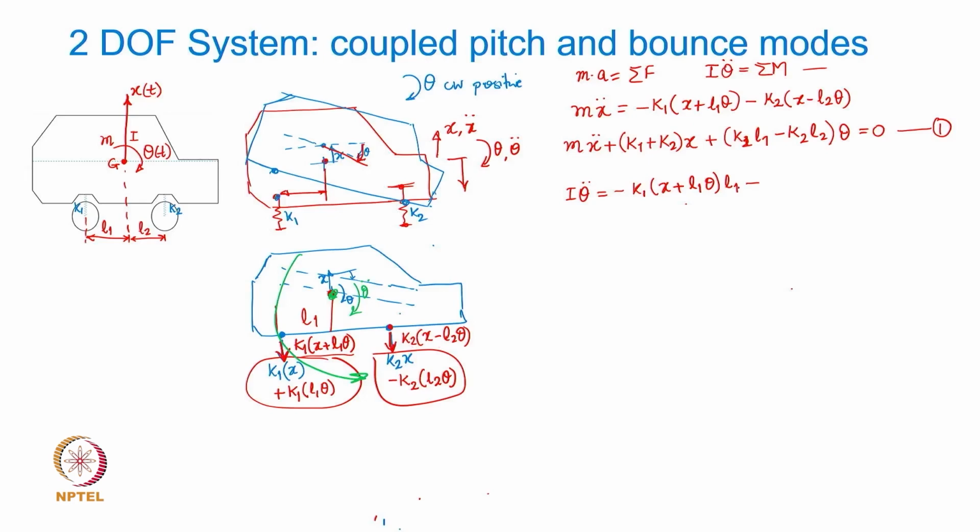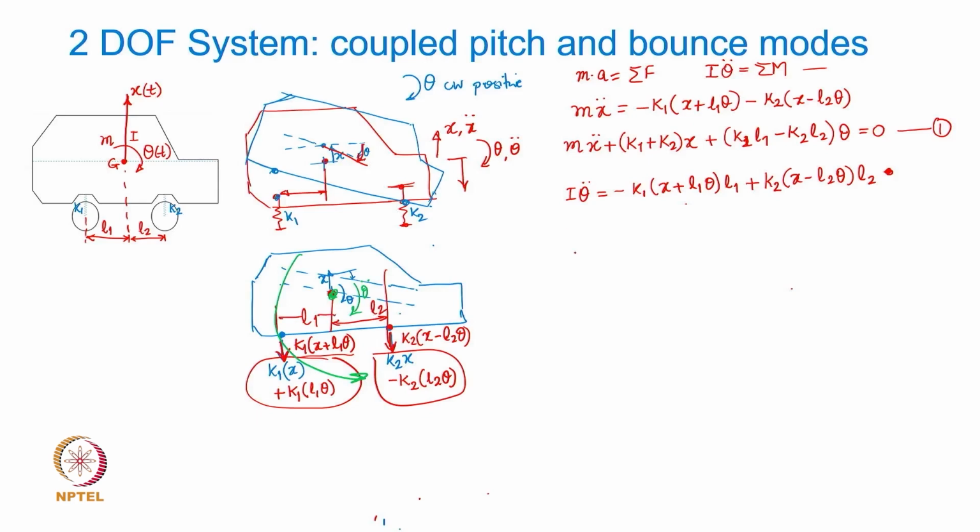So this is going to be plus K2 into x minus L2 theta into L2. That basically is the equation of motion applying Newton's second law. K2 into x minus L2 theta is acting at a distance of L2, and this one was L1.